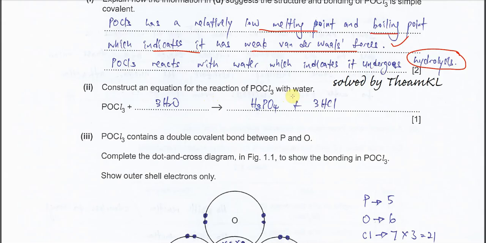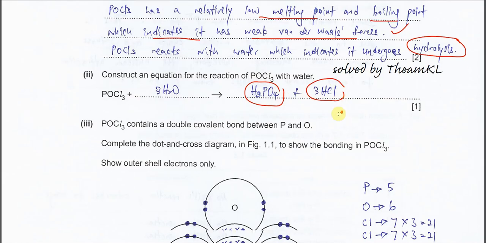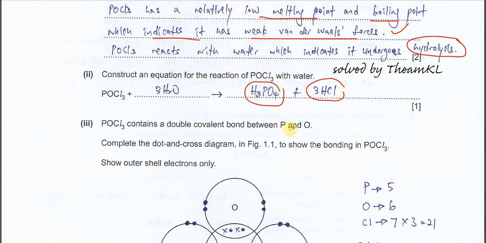Since I just told you that it's very similar to PCl5, it should form these two products, H3PO4 and HCl. You just put these two products and then balance it. It's similar to PCl5. This one you should know.